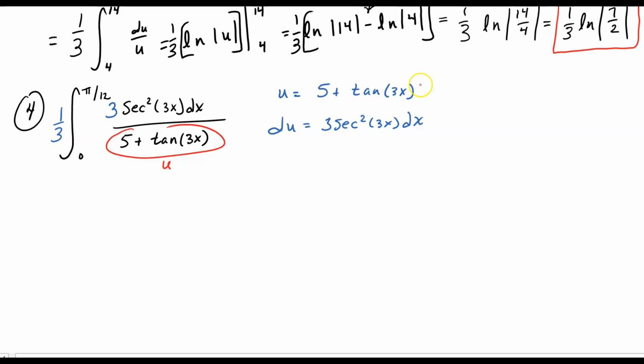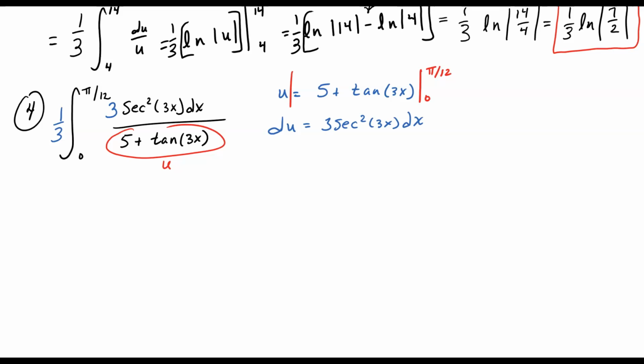Now we adjust our limits of integration, where we were going from 0 to pi over 12. We're now going to go from where to where? We plug in the tangent of 0 and add 5 to that. If you need to, look at your unit circle and find out what the tangent of 0 is. Hopefully you've had enough time if you paused the video.